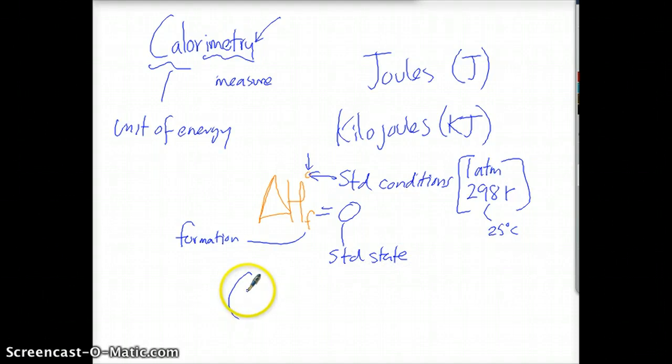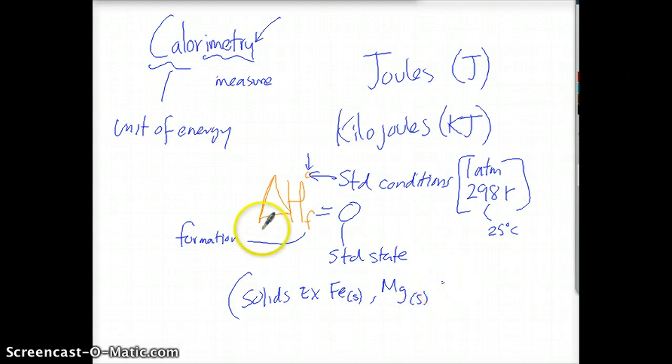Well, for metals, it's solids. So examples: Fe, solid. Magnesium, solid. These would all have a delta H of formation equal to 0. Something like Mg2+ is not in its standard state.